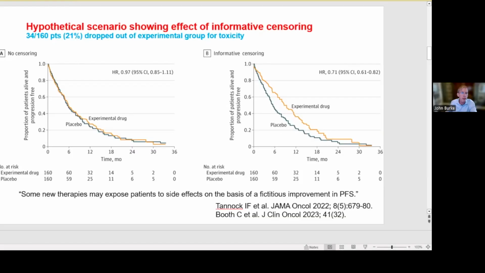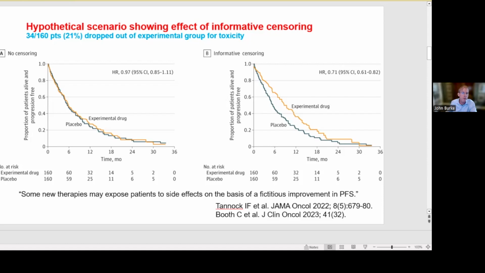So when I'm reading a paper with PFS as the primary endpoint, and many of our randomized oncology trials do have PFS as a primary endpoint, I first look at the discontinuation rate of the two arms of the trial. And I'm looking for: is there an improvement in the PFS in the experimental arm? And is there a higher rate of discontinuation due to toxicities in the experimental arm as compared with the control arm?